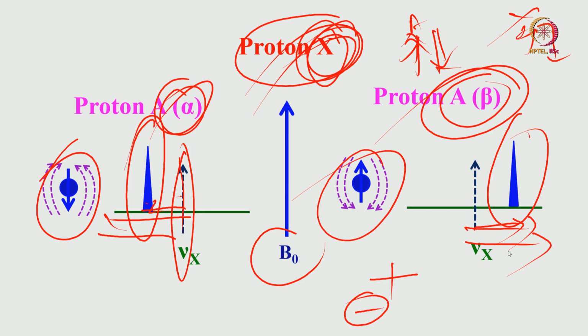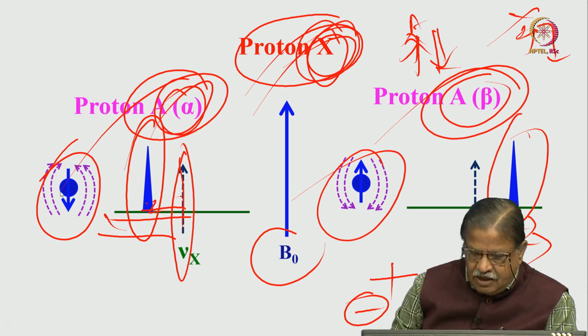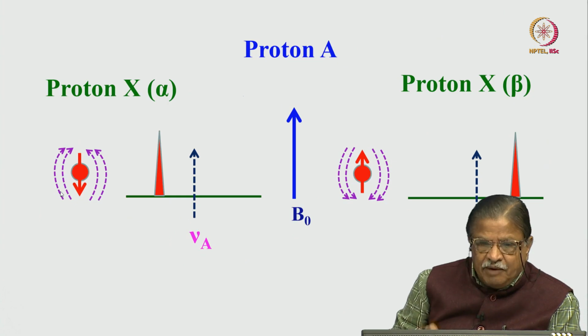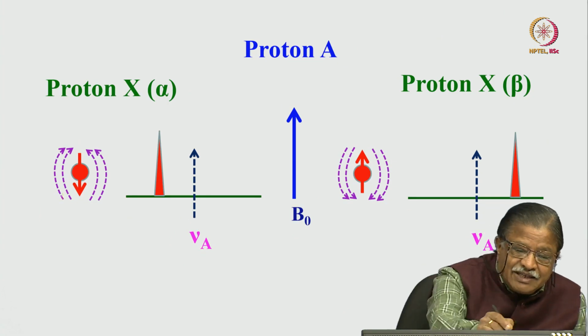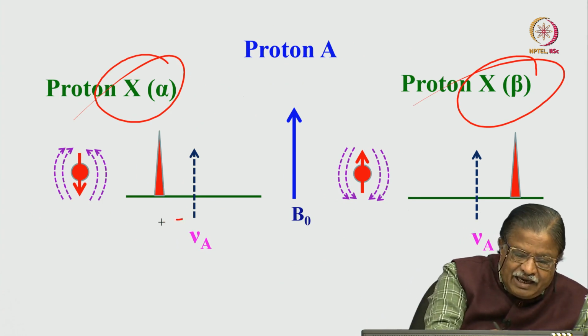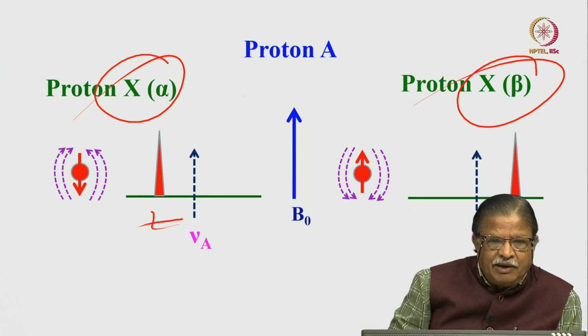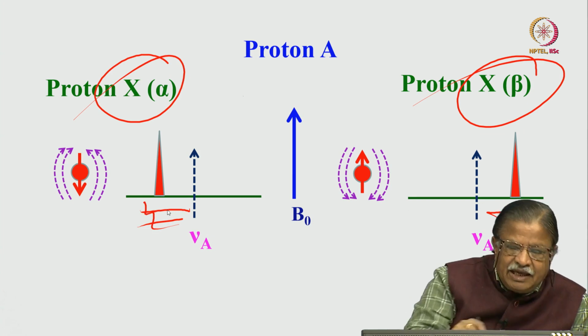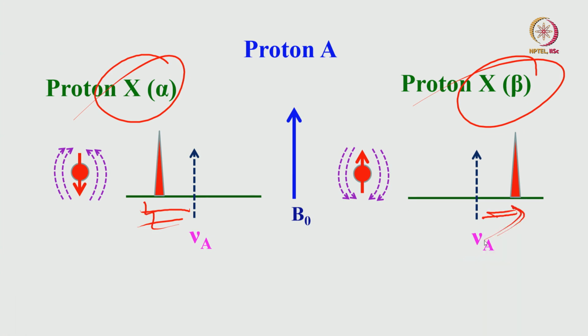It splits into a doublet because of interaction with proton A. Fine. Now, what about proton A? We looked at proton X. Look at proton A. Proton A again sees proton X in the alpha state and the beta state. Again it will split into two, one moves to the low frequency, one moves to the high frequency region.